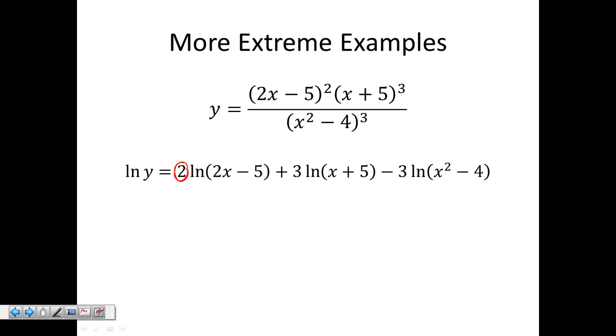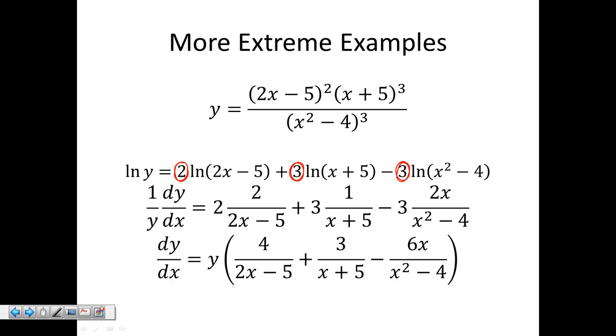My squared came down in front, my cube came down in front, and I have the things that are on the top of the fraction added, minus whatever's on the bottom. So you'll notice that it's minus the 3 natural log of x squared minus 4. And now you can go ahead and see what my other steps are.